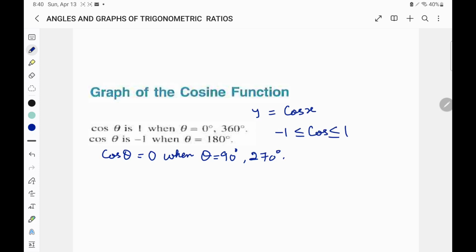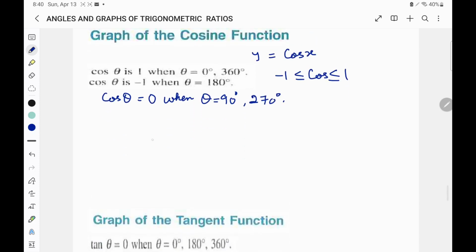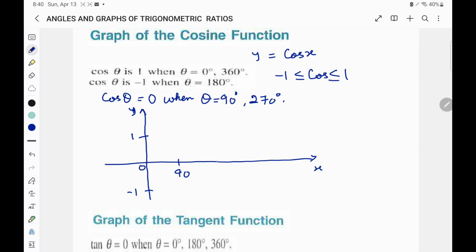Okay, so now we are going to make it the same way. X-axis, y-axis, and then between 1 and -1 it's 0, 90, 180, and it's becoming 270 and 360 degrees.